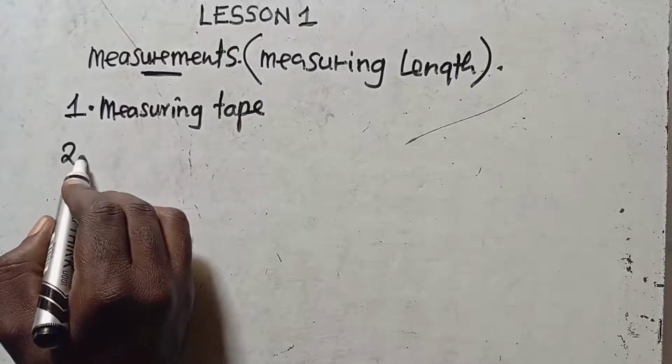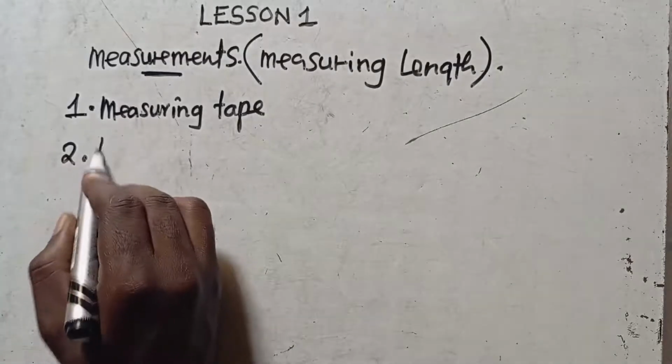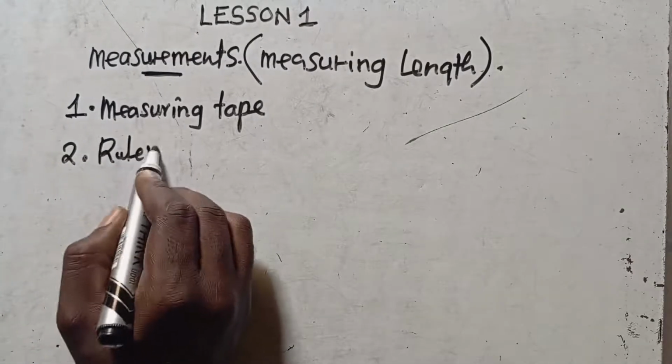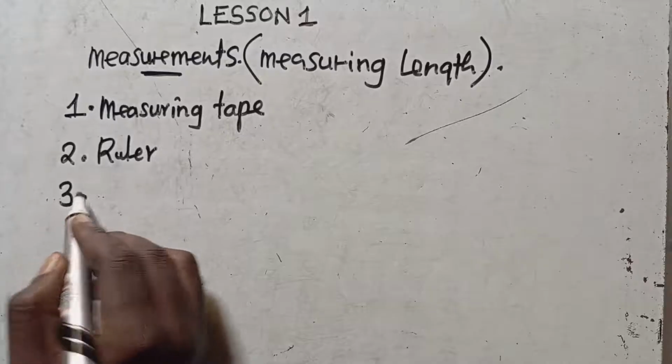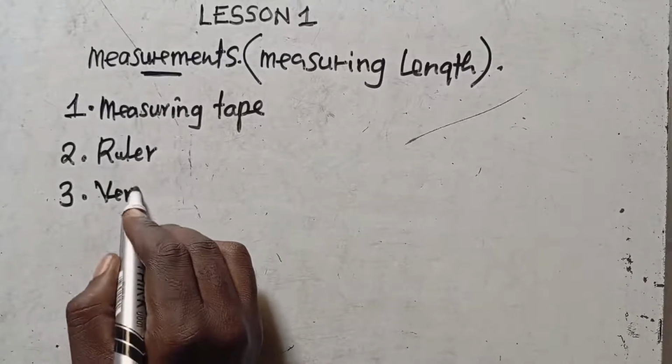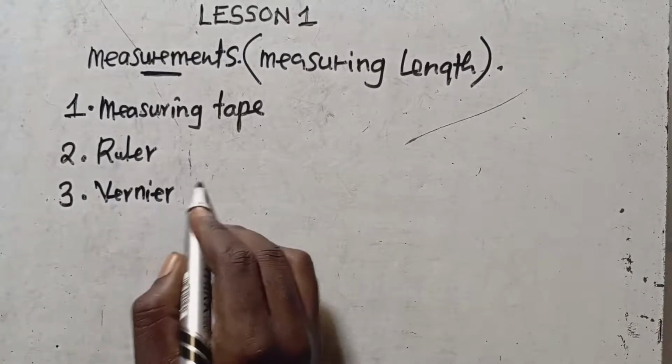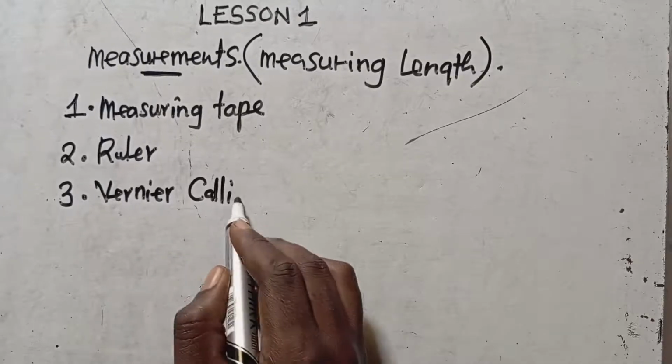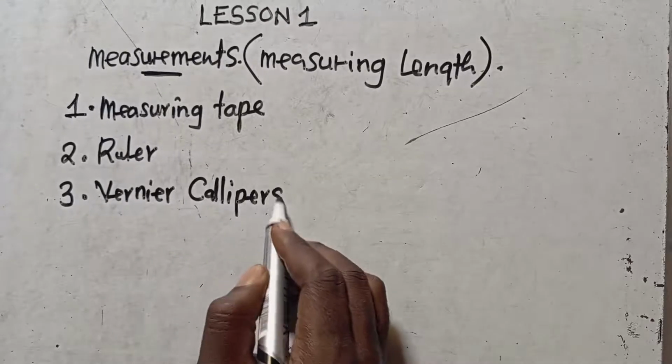Then the second one, we get to call it a ruler. I guess we know. Then the third one is called a vernier caliper.